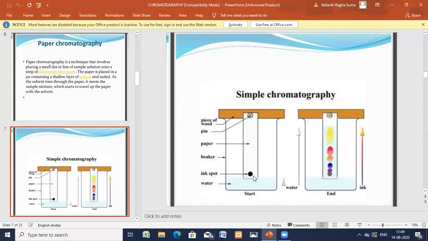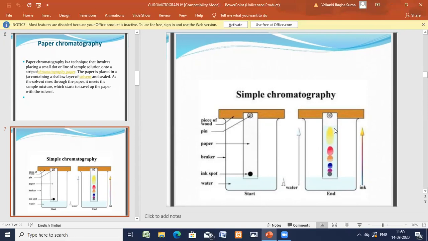After some time the solvent will be traveling, and along with the solvent, even the sample mixture, which is placed as a dot on the paper at the bottom, will travel. This sample contains a mixture of components. Along with the solvent, all these components will travel. Here you can see all these are getting traveled.